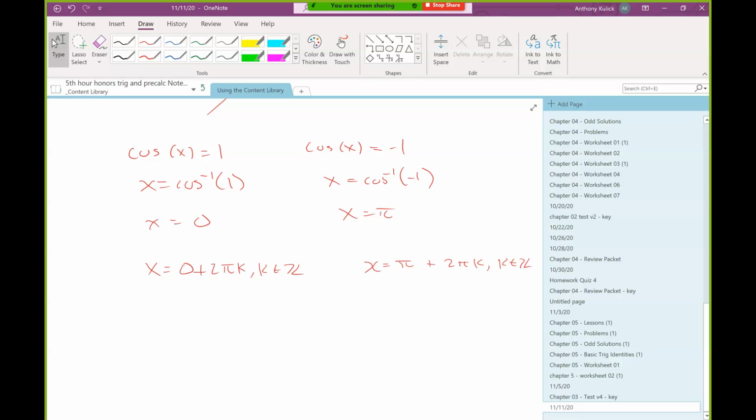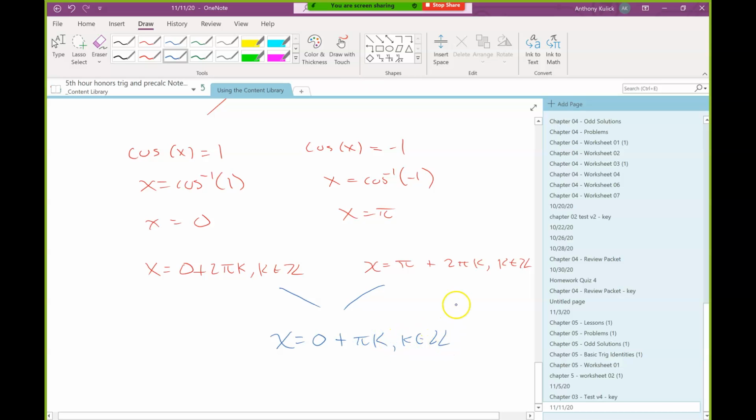So if we think about it in practical terms, we have an answer at 0, we have an answer at pi, we have an answer again at 2 pi, we'd have an answer again at 3 pi, and then 4 pi, and 5 pi. So really, how often are we encountering an answer? Every 1 pi, right? So I could really just combine these together, and instead of saying every 2 pi, and that's really the same result.